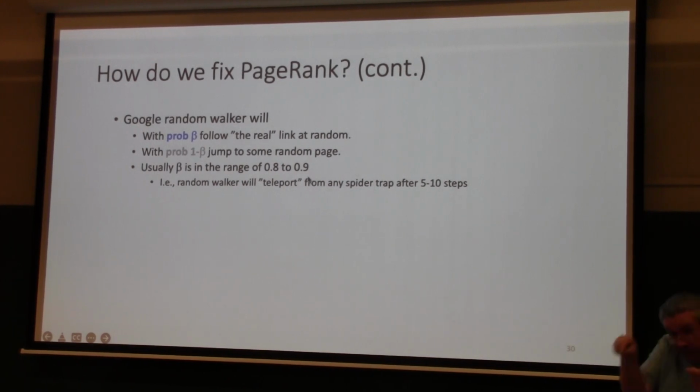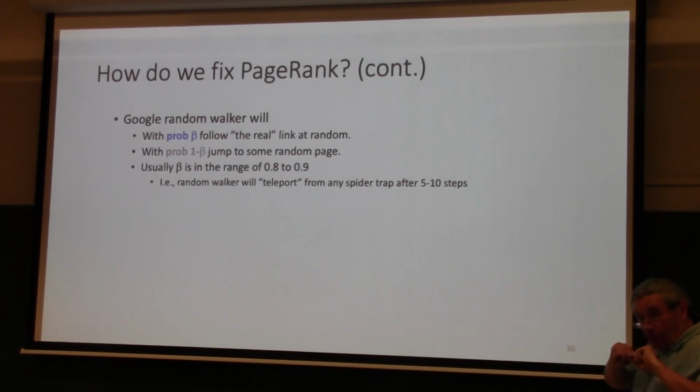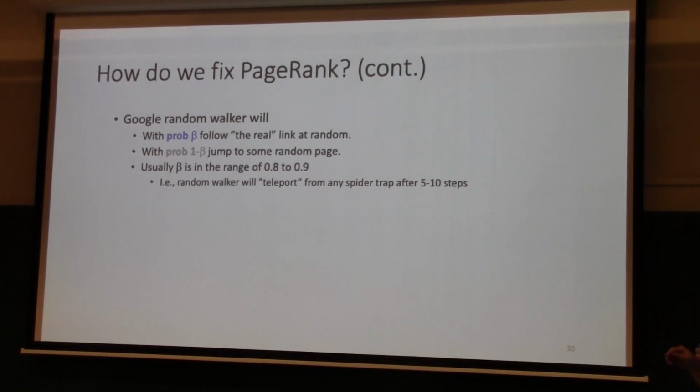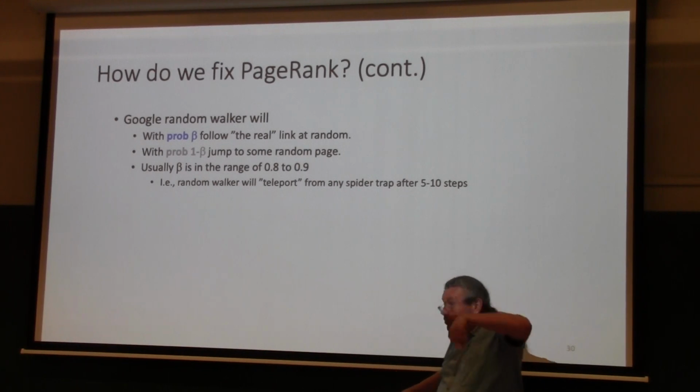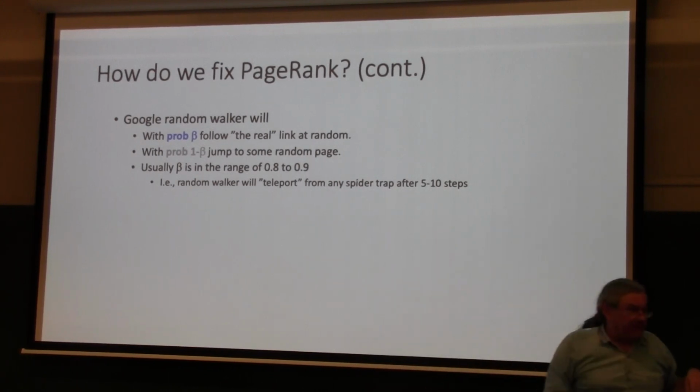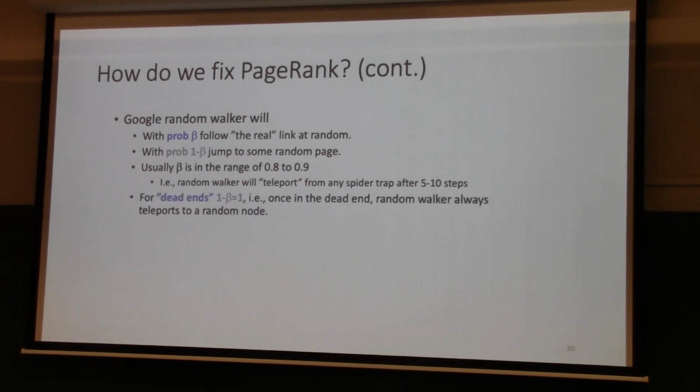That means most of the time, you keep following links, but once every 5 or 10 links, you jump. So if you're in a spider trap, going in a circle, after 5 to 10 steps, you will jump out of the spider trap.